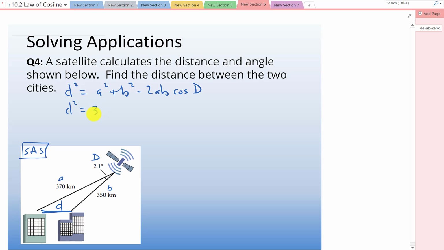So I'm going to plug in 370 squared plus 350 squared minus 2 times 370 times 350 times the cosine of D, and D is 2.1 degrees.